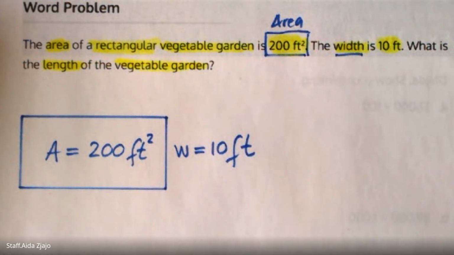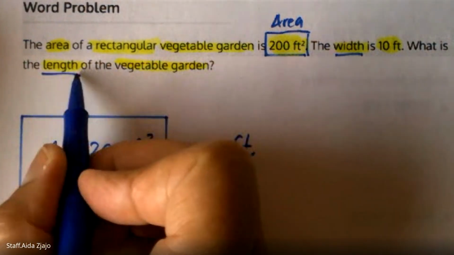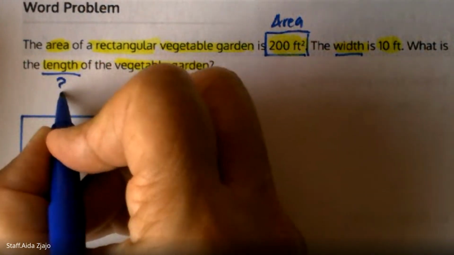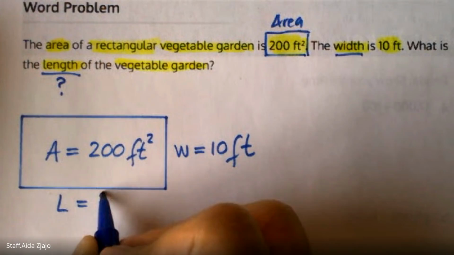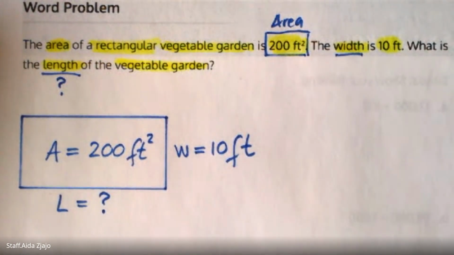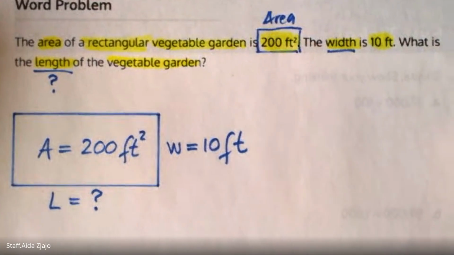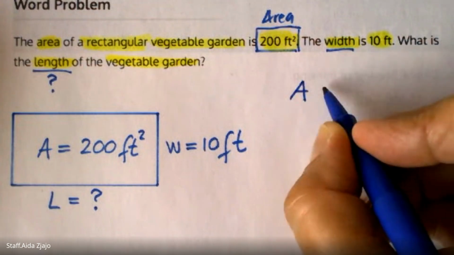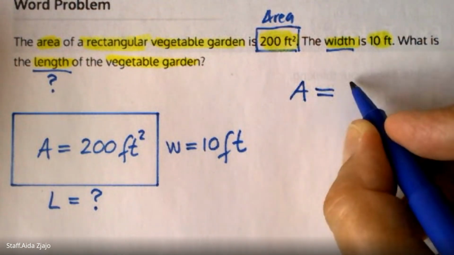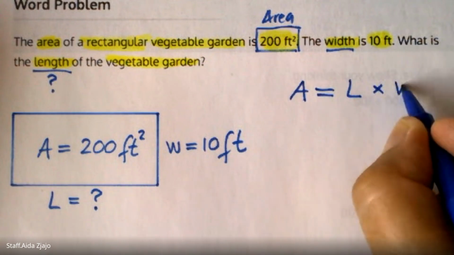What they don't know is the length, and the length is a question mark. So what is the length of the vegetable garden? Well, when we are in fifth grade, we have a formula: area is the same as length times width.